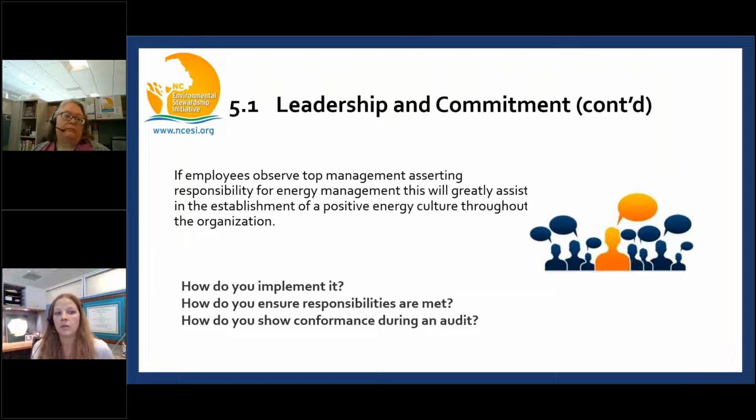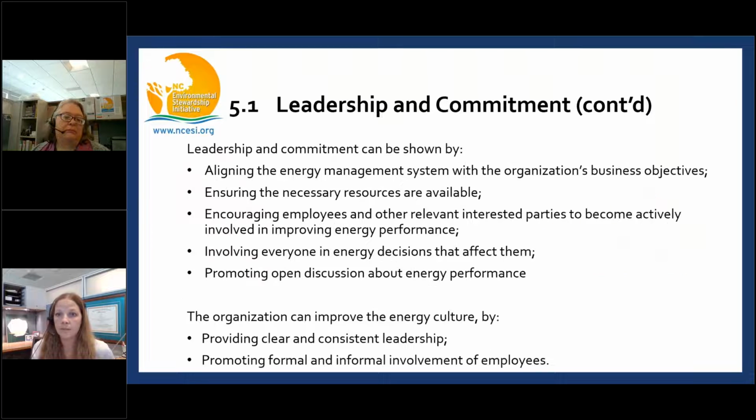How do you ensure that responsibilities are met? How do you show conformance during an audit?